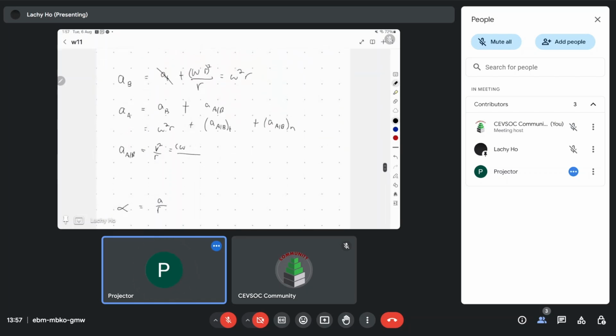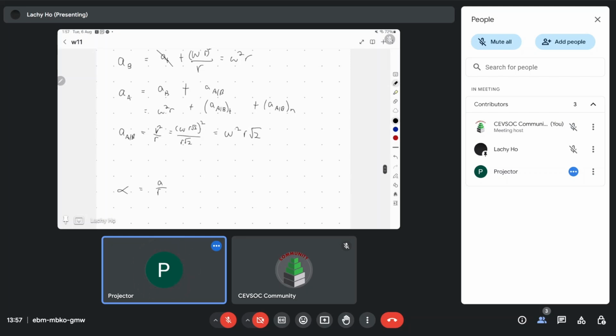So r root 2 squared on r root 2, and that's going to net to be omega squared r root 2. In both the tangential direction and the normal direction, it's going to be omega squared r root 2, using v squared on r.